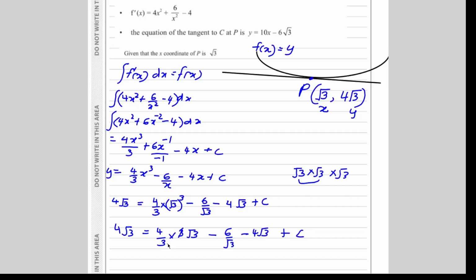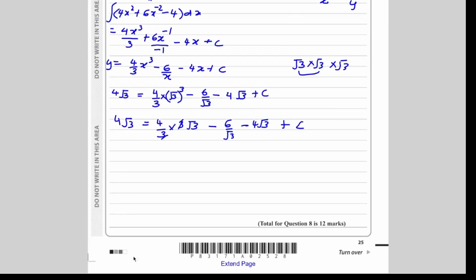So here 3 cancel out. This becomes 4 root 3. Here 4 root 3 cancel out.